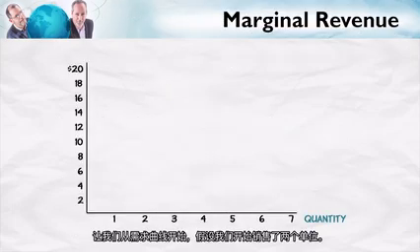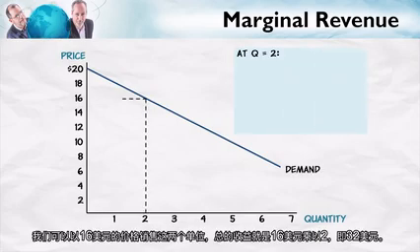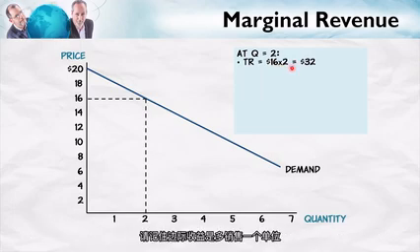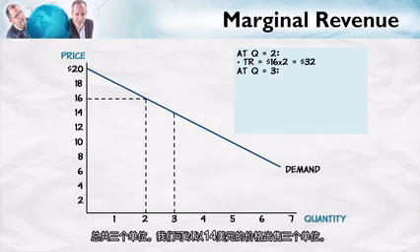Let's start with the demand curve and suppose that we're initially selling 2 units. We can sell those 2 units for $16 apiece. Total revenue, therefore, is $16 times 2 units, or $32. Now, remember that marginal revenue is the change in total revenue from selling an additional unit. So suppose that we sell an additional unit, 3 units in total.